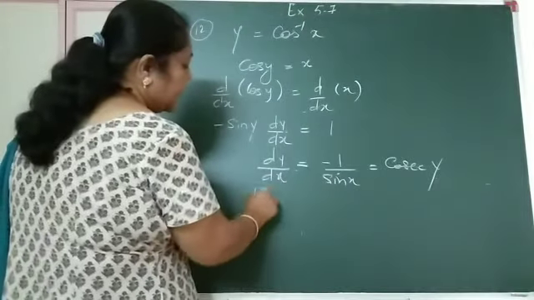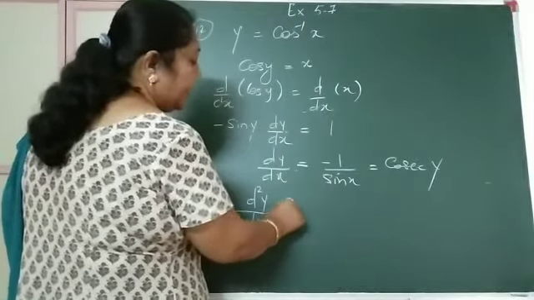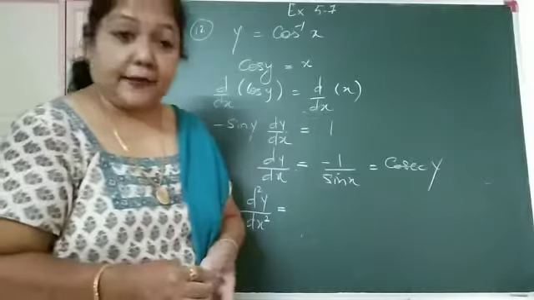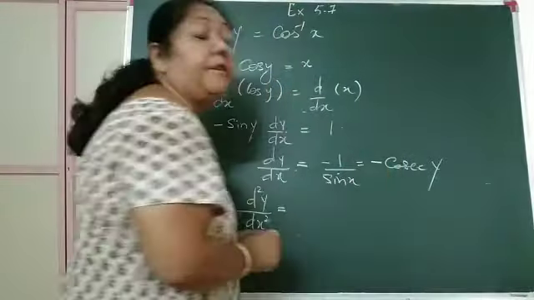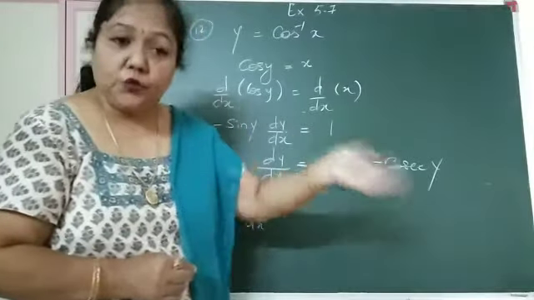So, this becomes d squared y upon dx squared is equal to, now, differentiation of cosec. So this is minus cosec y. The differentiation of cosec is minus cosec into cot.